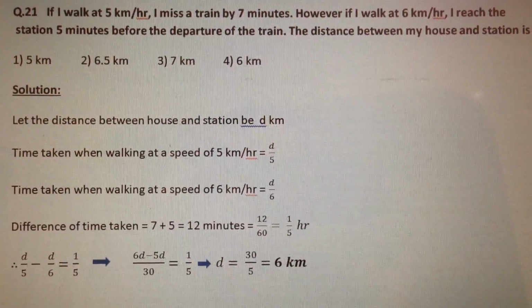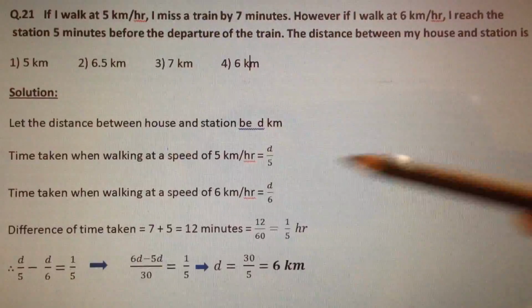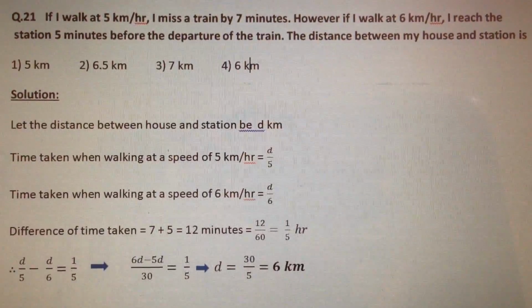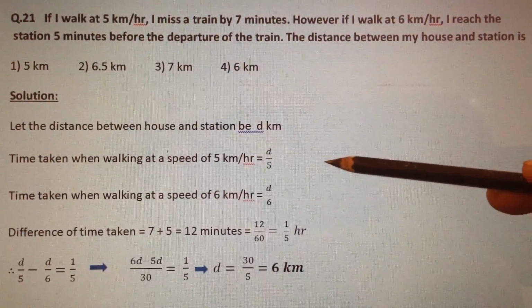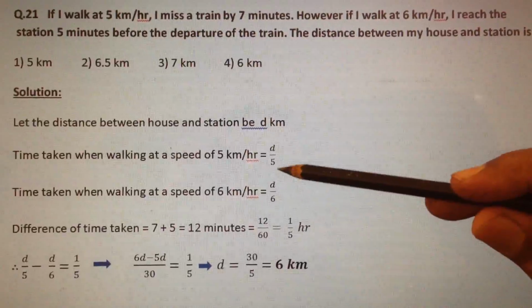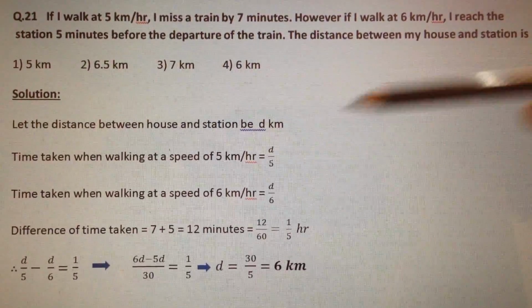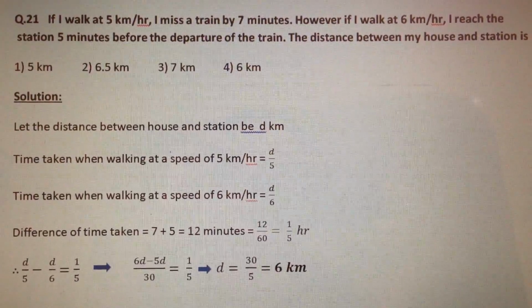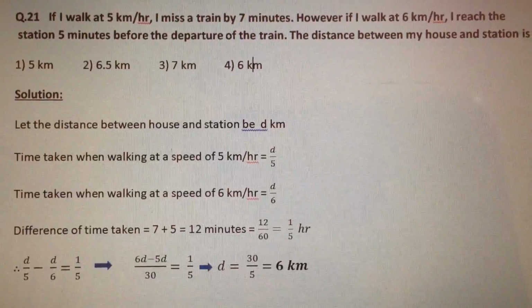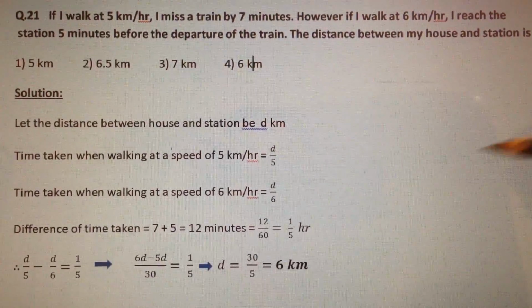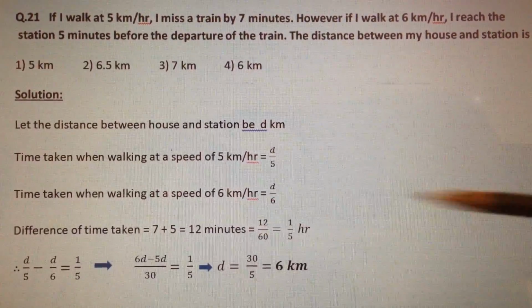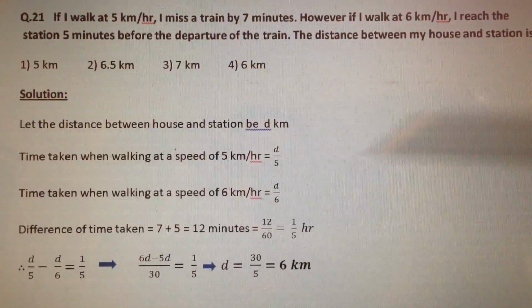Therefore, time taken when walking at a speed of 5 kilometers per hour is equal to distance by speed, that is d by 5. Similarly, time taken when walking at a speed of 6 kilometers per hour is equal to d by 6.